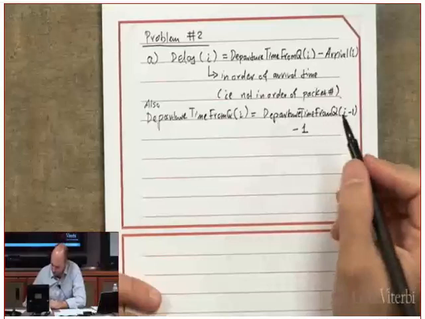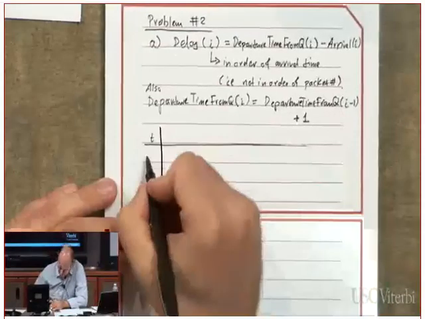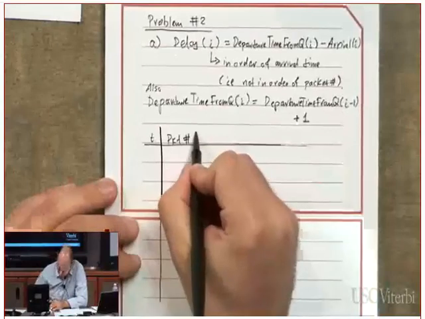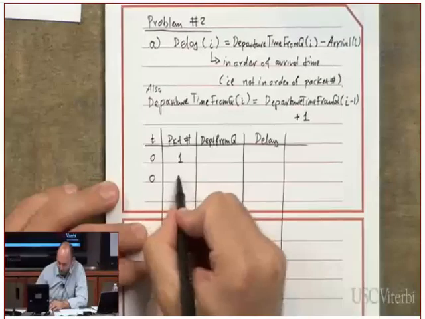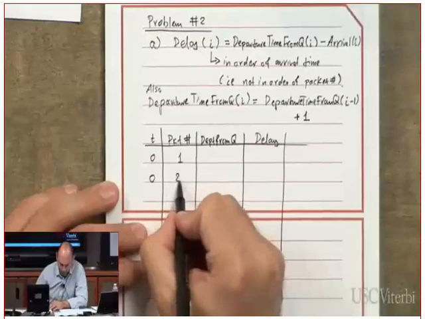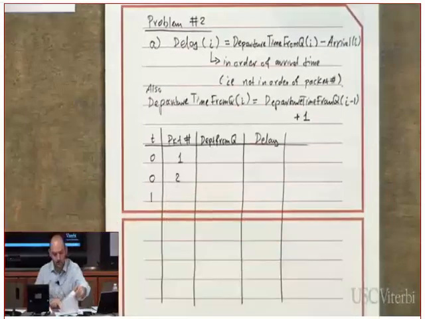The third packet will come out at time 2. It has arrived already, so it goes to service. So we have 2 over here, and I'm going to fill in the delays at the end. Do you agree with the pattern? Yes. So 3, 4, 5, 6, 8, 9, 10.